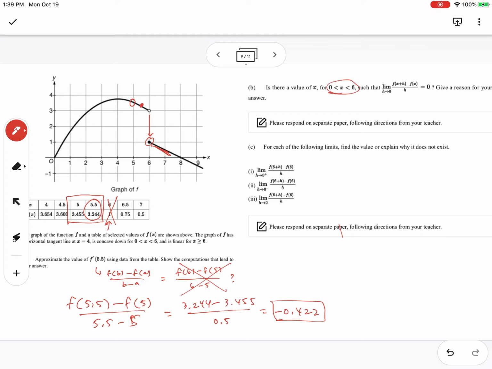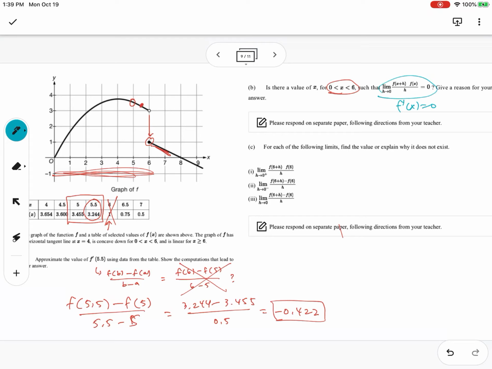Now the second part is our value x from 0 to 6. So from 0 to 6, keep in mind we're only looking here, such that the limit, so this is basically asking us for f prime of x equals 0. Is there a point? And give a reason for your answer.